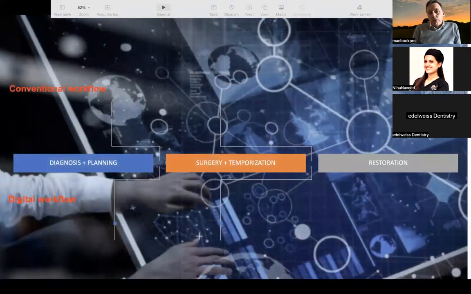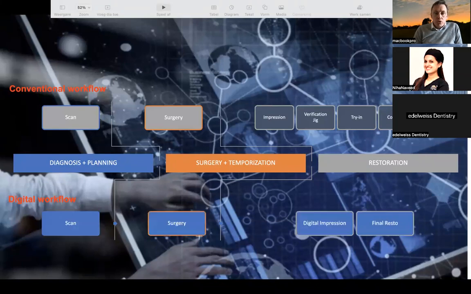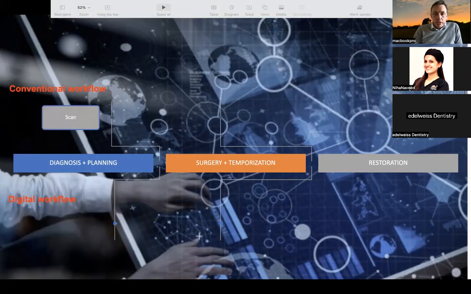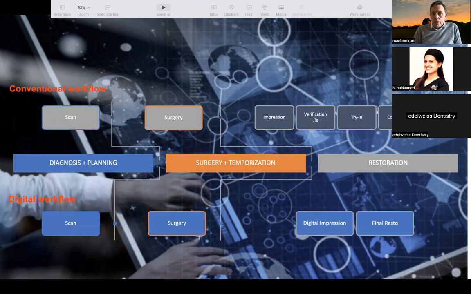The good thing about the digital workflow is what you will see here. I made a summary to show you a little bit of the difference. If you go by the conventional workflow, you have a lot of steps to go through. Excuse me, it's going a little bit too fast. I will go back so that you can see it better. Based on the digital workflow, you can skip a lot of the definitive restoration steps.